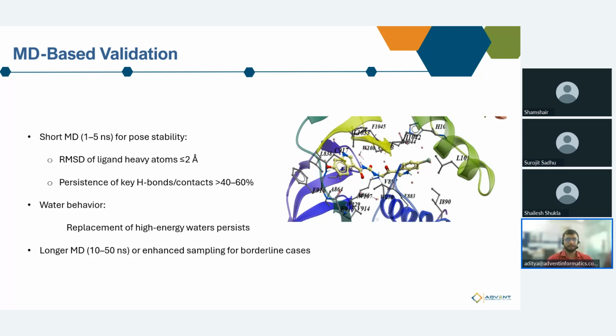You need to see the persistence of hydrogen bonds throughout the simulation. This should persist for more than 40 to 60% of the simulation time. Water behavior, like replacement of high energy waters and water bridges, is considered in this part as well. If there are borderline cases, we need to consider longer MD simulations, for 10 to 50 nanoseconds.